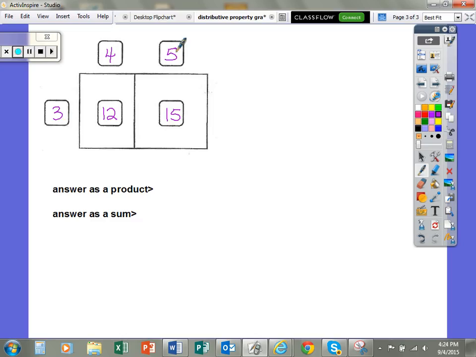So now, how would I write this answer as a product? 3 times the parentheses of 4 plus 5. The answer as a sum would be 12 plus 15, which would be 3 times 4 plus 3 times 5.